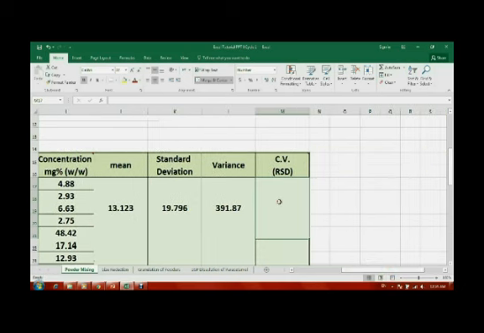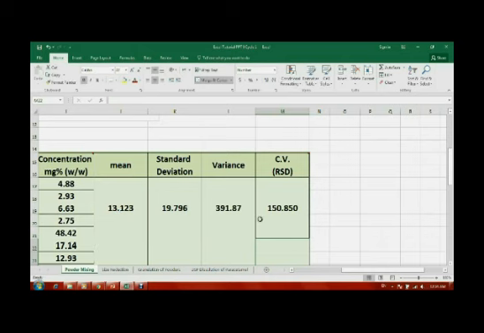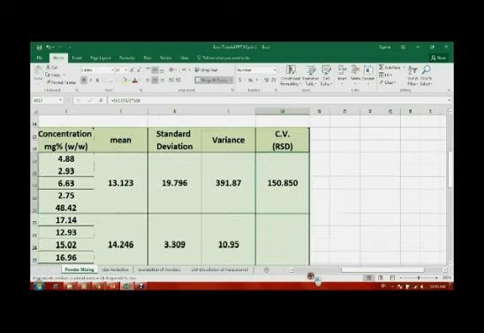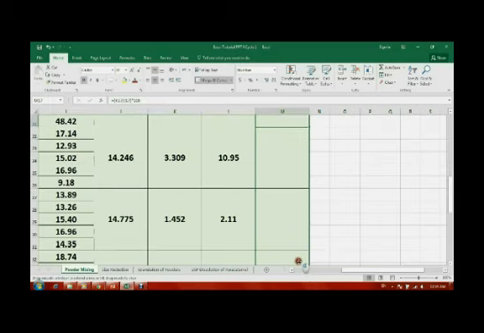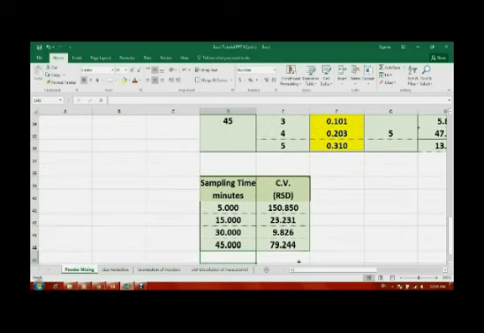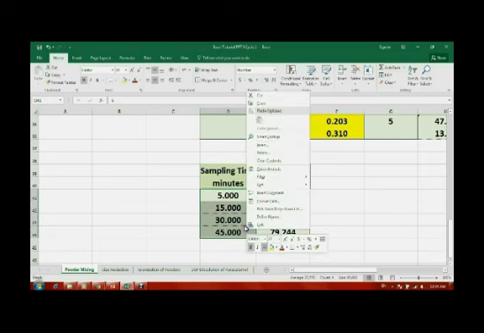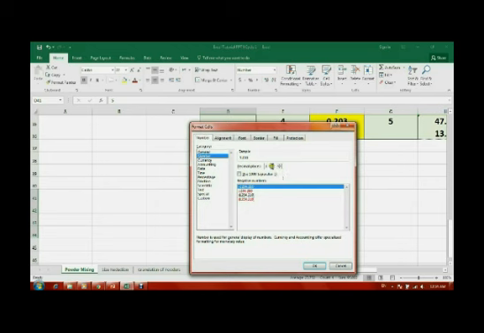But here, because our sample was 200 milligrams and its final volume was 100 ml, then the concentration in milligram percent weight per weight of each sample will be equal to the concentration in milligram percent weight per volume divided by 200 times 100%.